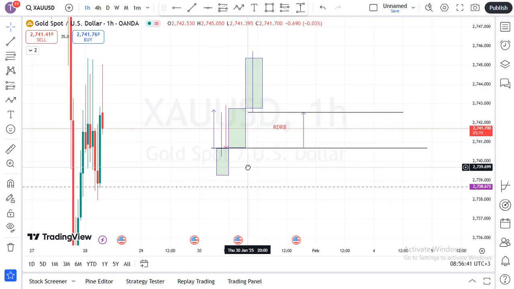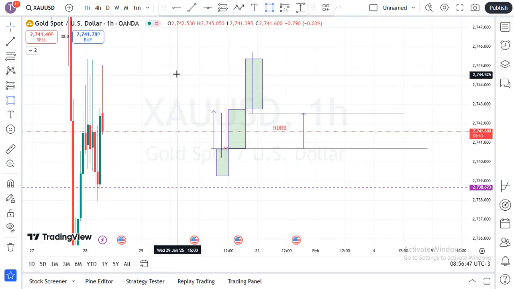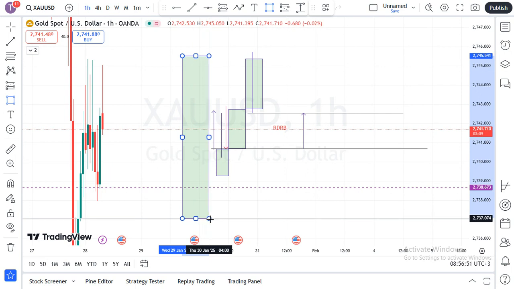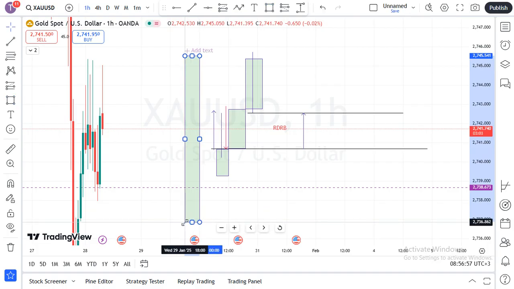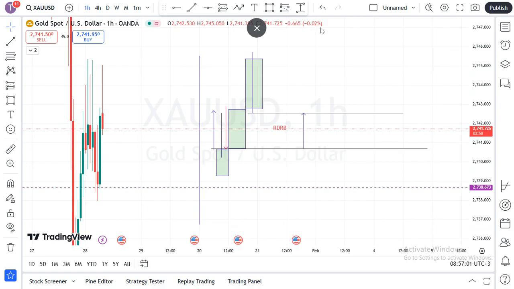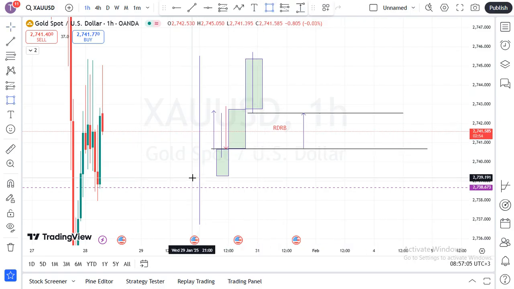So assume that we had a fair value gap down here.